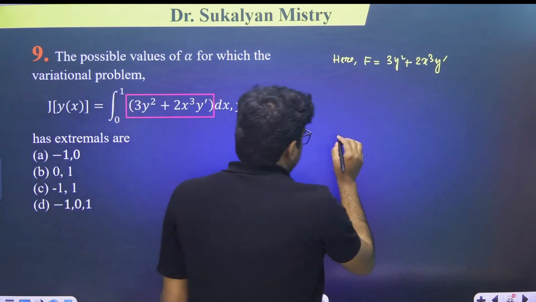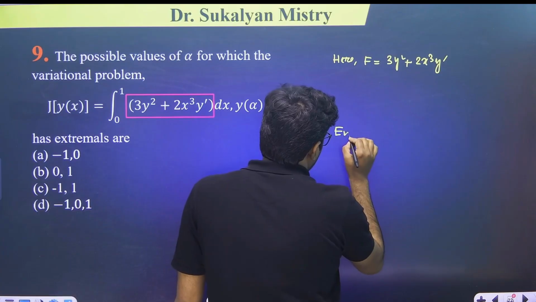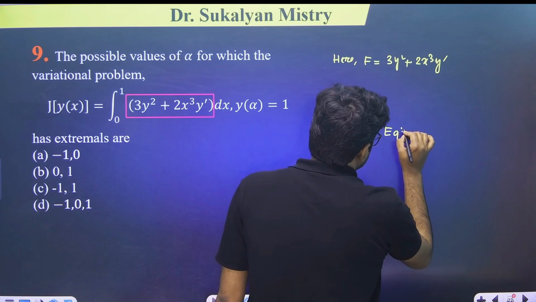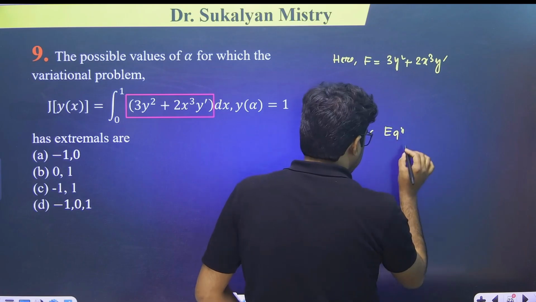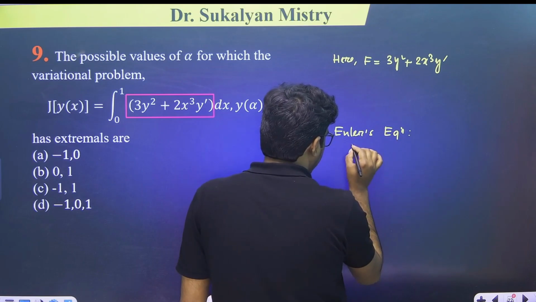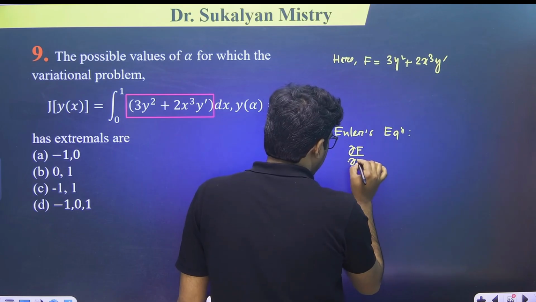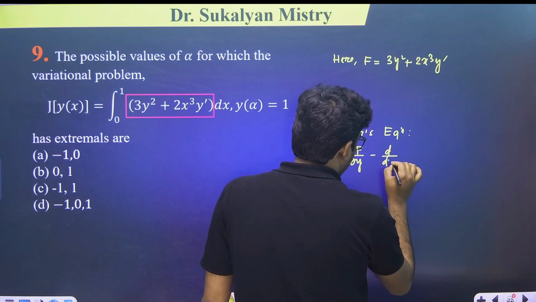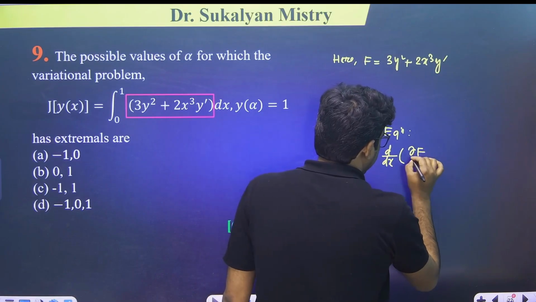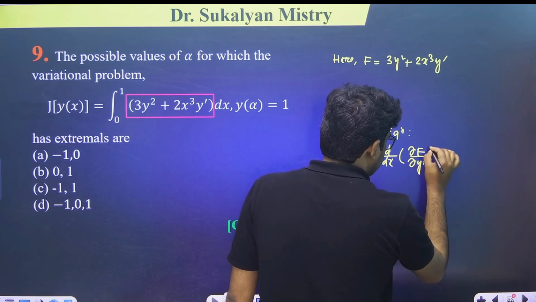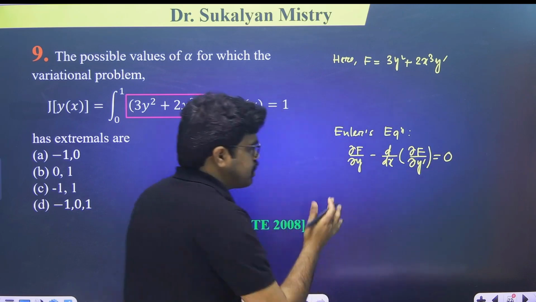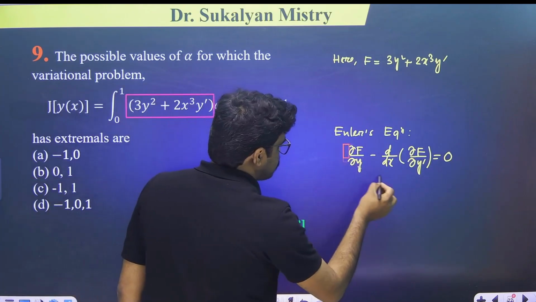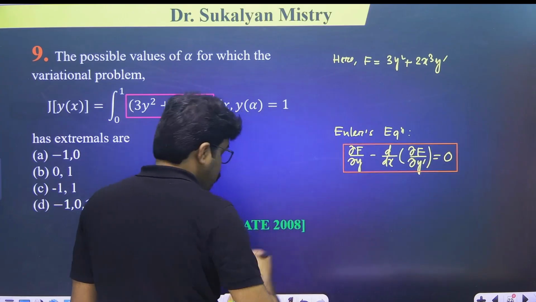Euler's equation is del f del y minus d/dx of del f del y dash is equal to 0. So this is Euler's equation.